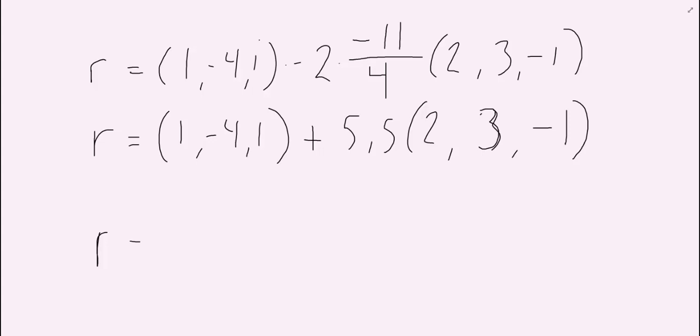So r equals, now I can just take the whole thing together and say it'll be a vector where we have 1 plus 5.5 times 2 is 11.